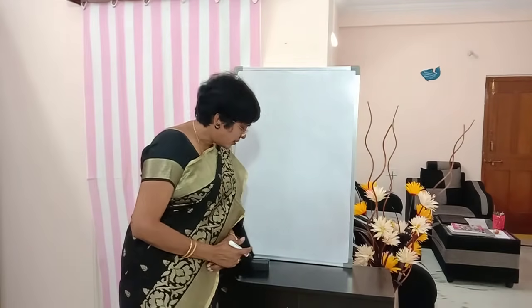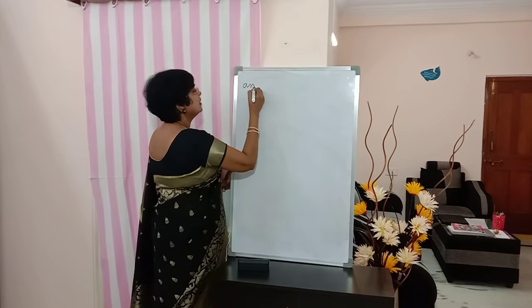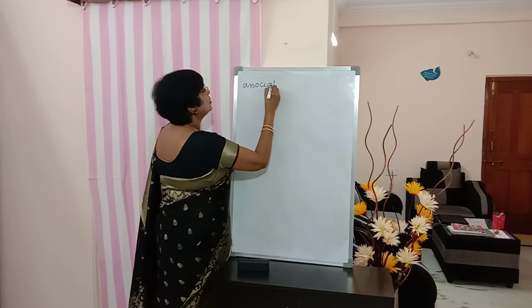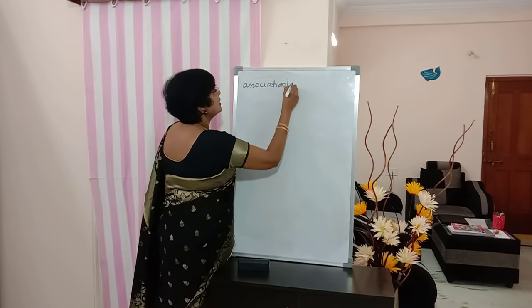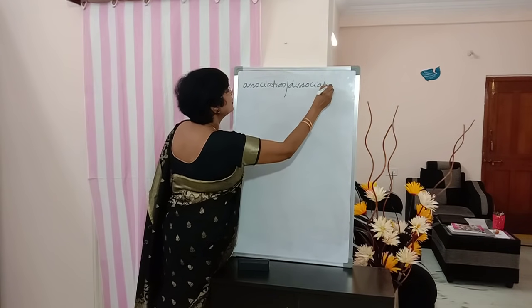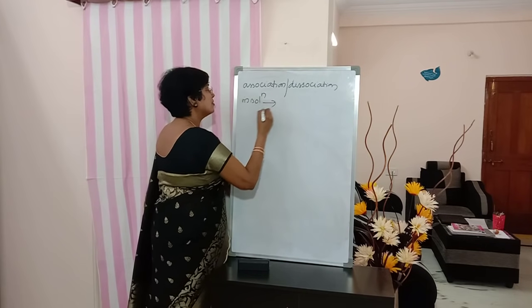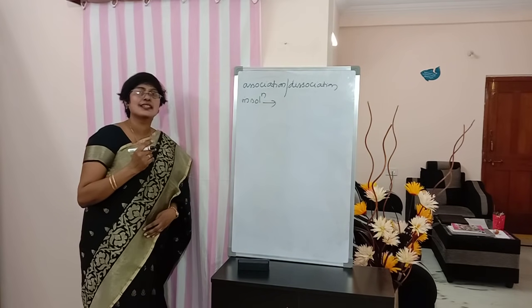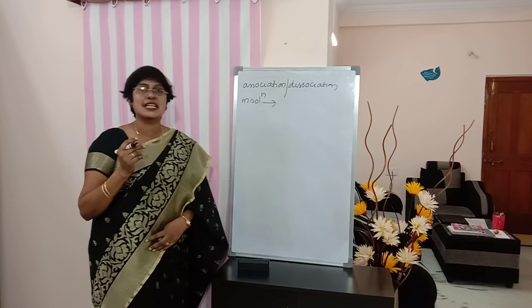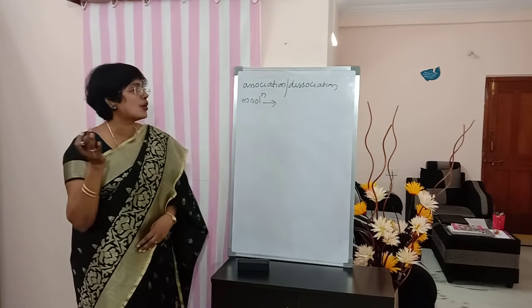So students, you understood that if a solute undergoes association or dissociation in solution, what is happening? The molar masses, that is molecular weights, are being changed. That's what we say.